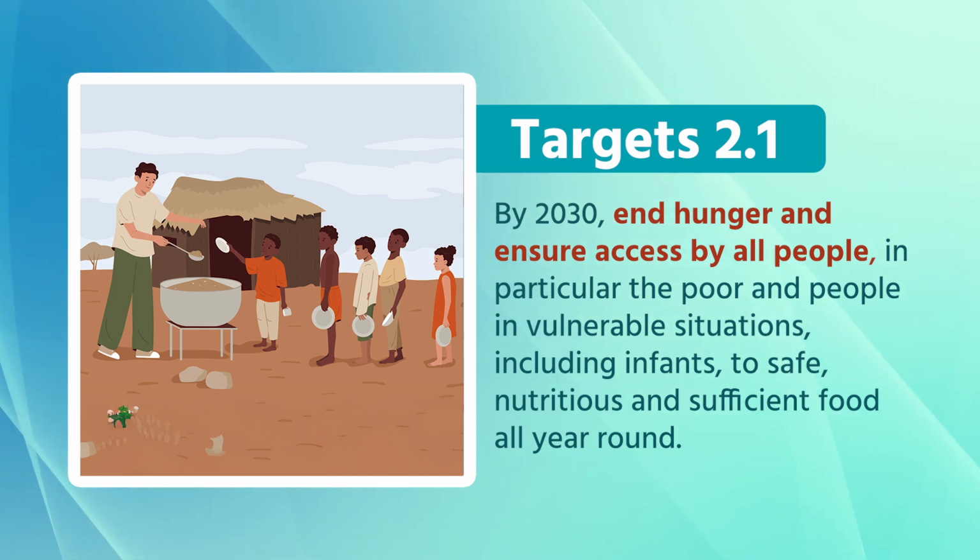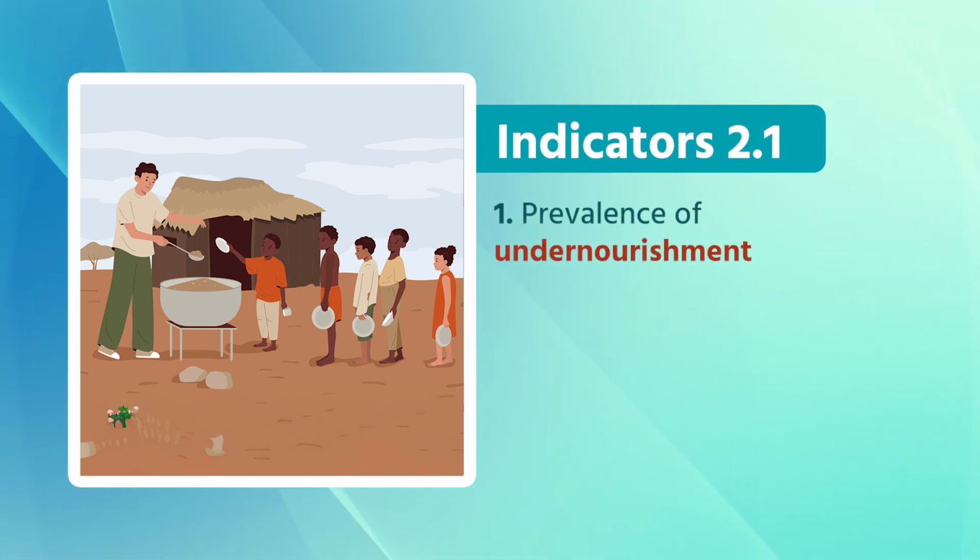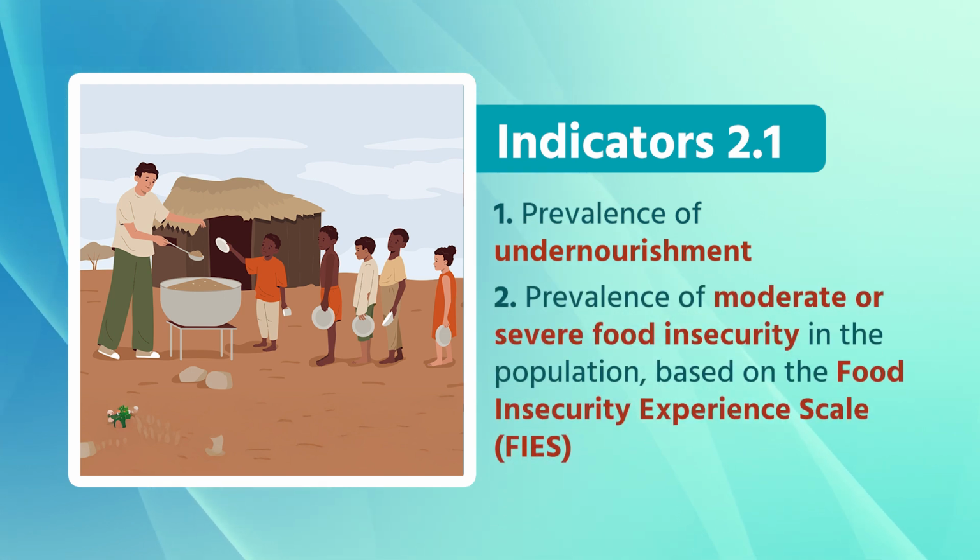To look into the progress of this particular target, we have two important indicators. One is the prevalence of undernourishment, and the second is the prevalence of moderate or severe food insecurity in the population, based on the Food Insecurity Experience Scale.